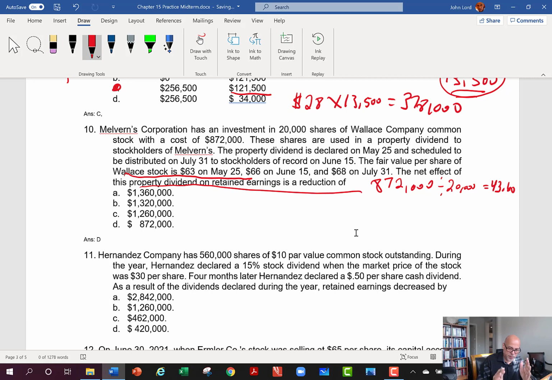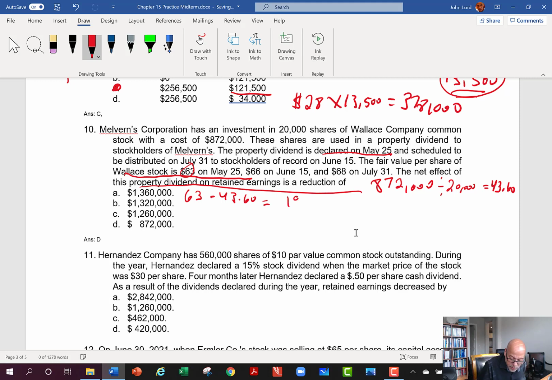It's what is the value at the day that you declare the dividend. Okay, since they declared it when the price was 63 on May 25th, I'll pick up that 63 minus 43.60.